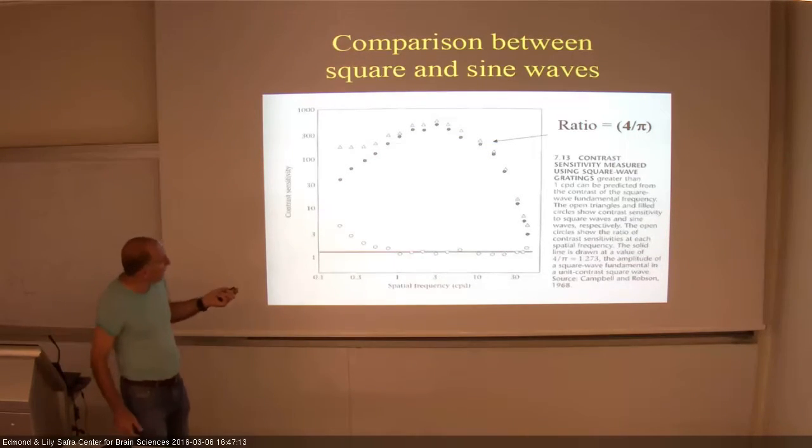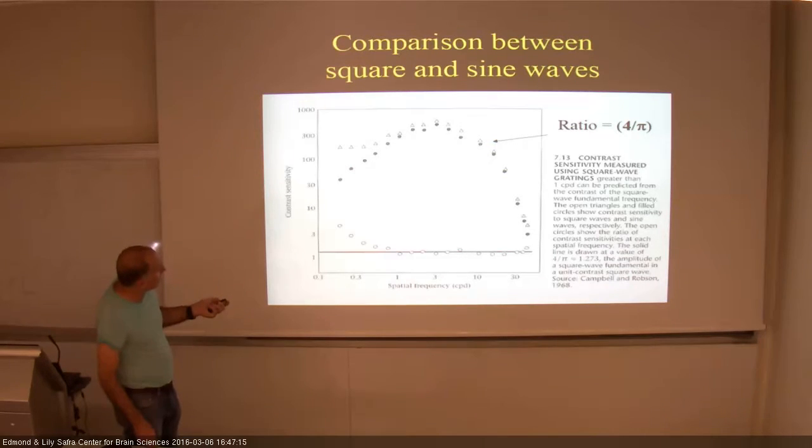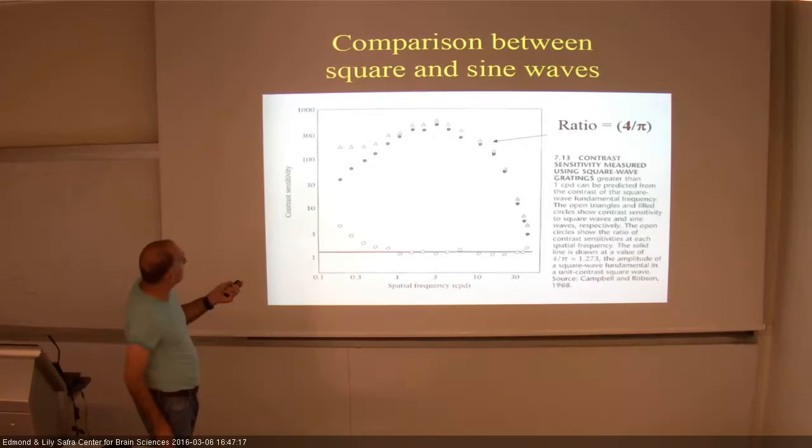So let's take an example. Here, at about 0.3 cycles per degree, 3 times it would be something around here, 1 cycle per degree. So the sensitivity at 3 times 0.3 cycles per degree is less than 100. The sensitivity at 1 cycle per degree is 300.